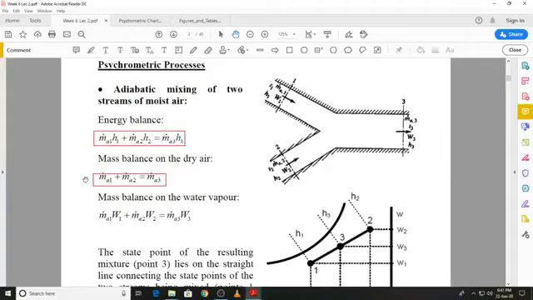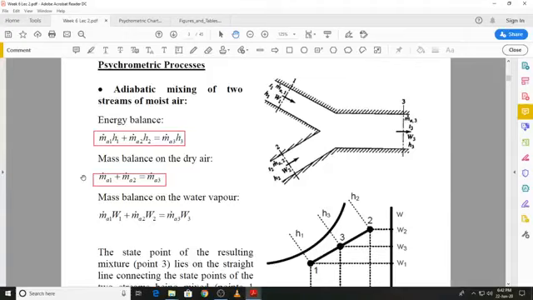To apply the mass balance for the water vapor, remember that the humidity ratio is defined as the mass of water vapor per unit mass of dry air. For steady state systems, instead of saying mass, we can say mass flow rate, that is mass flow rate of water vapor divided by the mass flow rate of dry air, which means that the mass flow rate of water vapor is equal to the humidity ratio times the mass flow rate of dry air.